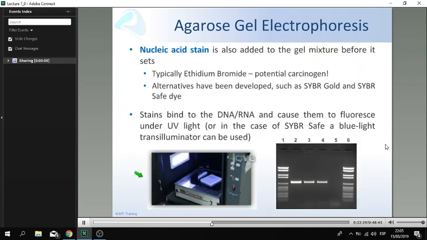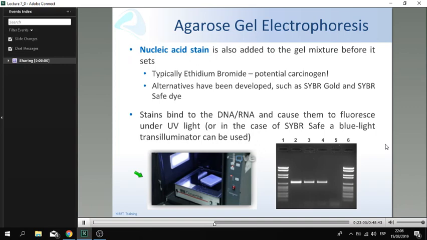Same as proteins, you can't visualize DNA without using a dye. In protein analysis, we had to run our gel electrophoresis and then stain our proteins with a dye. For DNA, we add a nucleic acid stain into the gel mixture before it sets. And so as our DNA is moving through the gel, the stain binds to DNA and RNA and causes them to fluoresce under UV light.